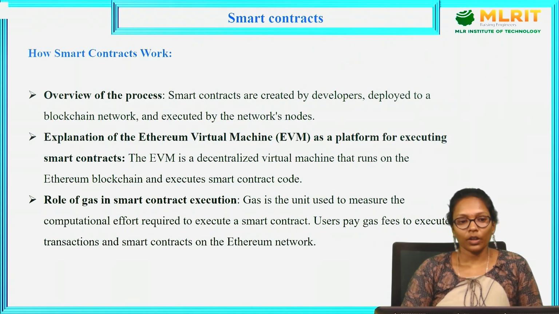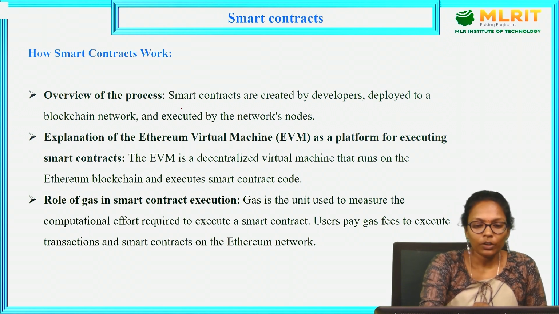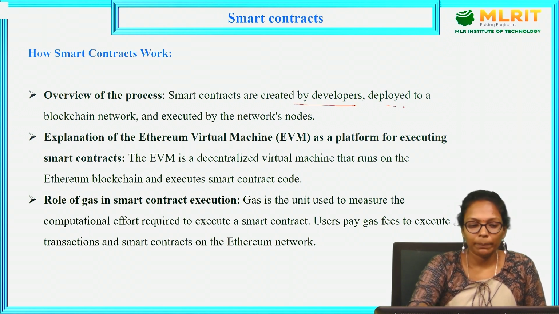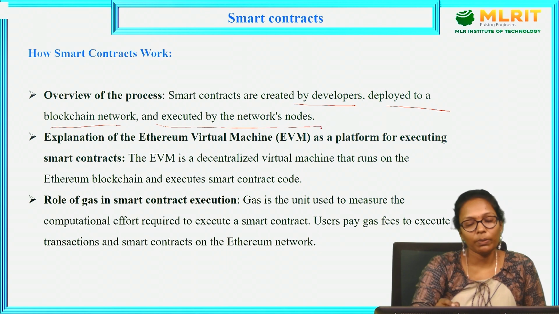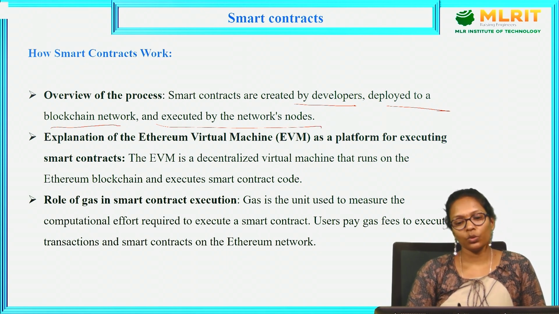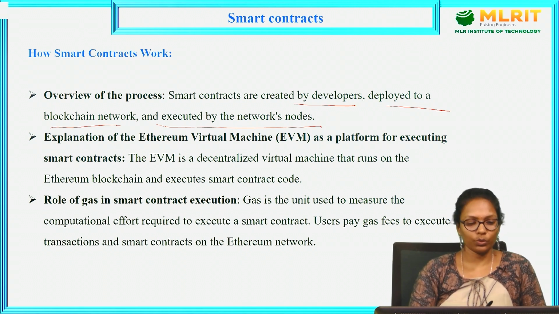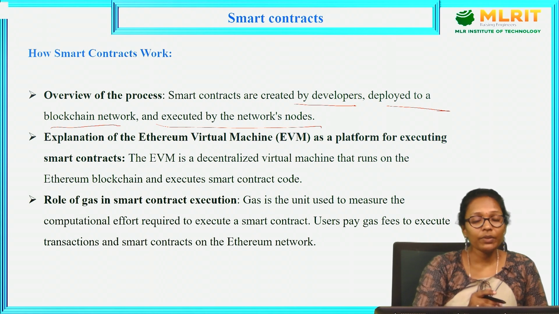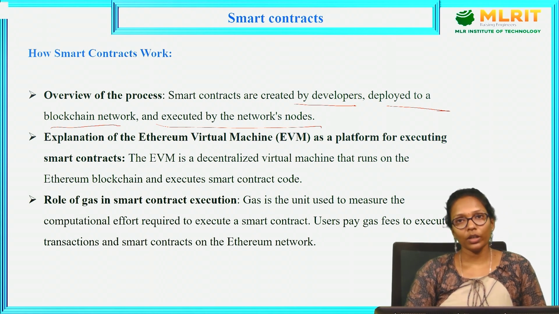How do smart contracts work? Smart contracts are created by developers, deployed to a blockchain network, and executed by the network nodes. As we discussed in the previous video, smart contracts are developed by persons whom we call developers, and we deploy the smart contracts onto the blockchain to execute them. We execute these smart contracts over the EVM, the Ethereum Virtual Machine.